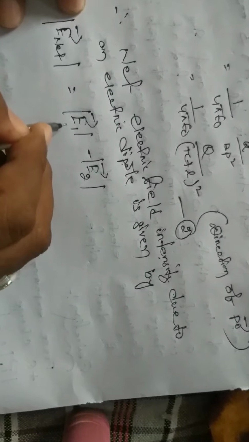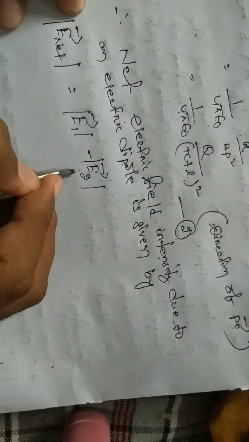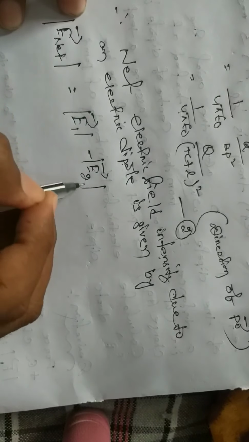Why is it subtracted from E1 to E2? Means E1 vector minus E2 vector.